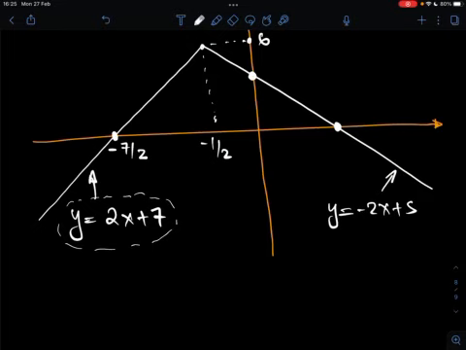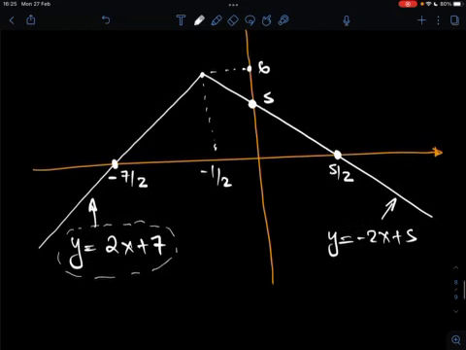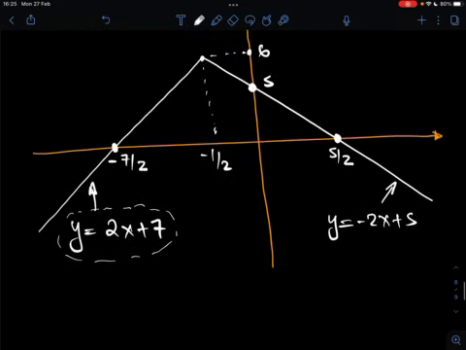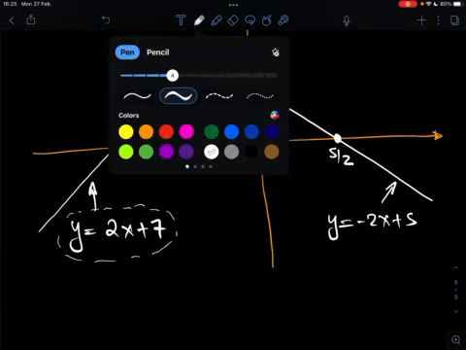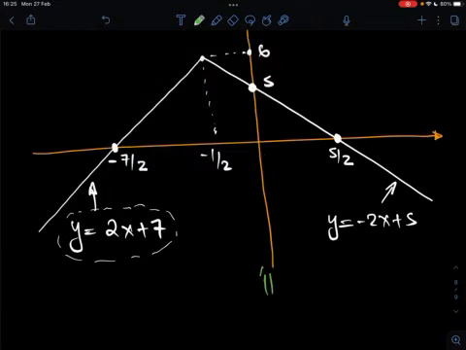I say when x is 0, y is 5, I get that. Then I see that when y is 0, I get 5 over 2. So that point is 5 over 2. So therefore, this equation that I have here now is the equation that we are looking for. So this is the equation for the full plot now of y is equals to negative 2x plus 1 plus 6.